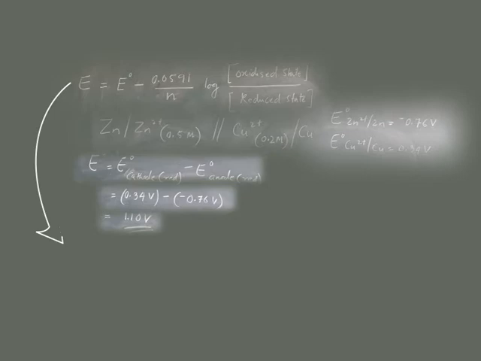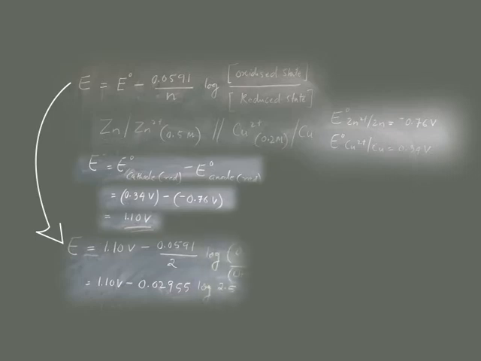Now E equals E naught minus 0.0591 by N. Now N, how many electrons are involved? It is losing 2 electrons and it is getting 2 electrons. So the value of N here will be 2. Log oxidized state.